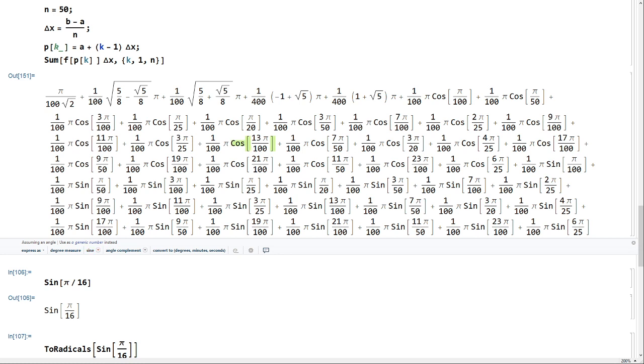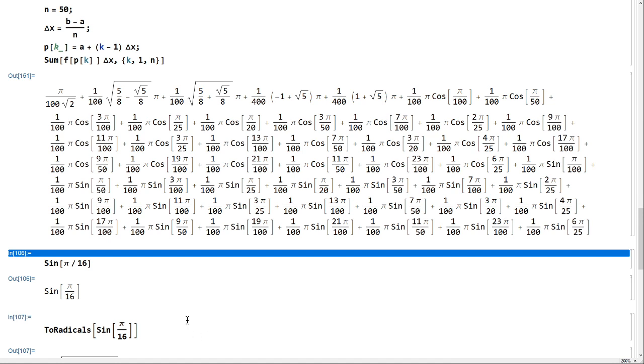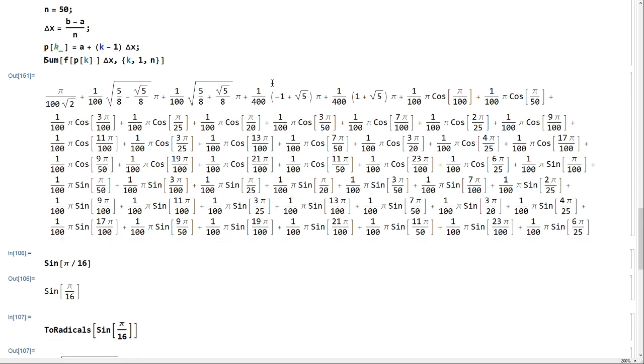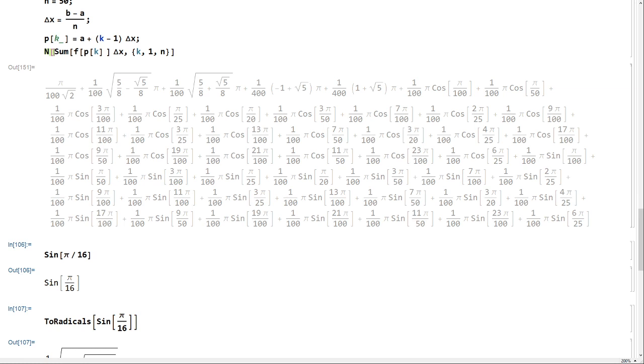There's usually a thing down here for finding an approximation. Where'd it go? I don't know where it went. All right, well, sorry about that. Let's hopefully remember the N.